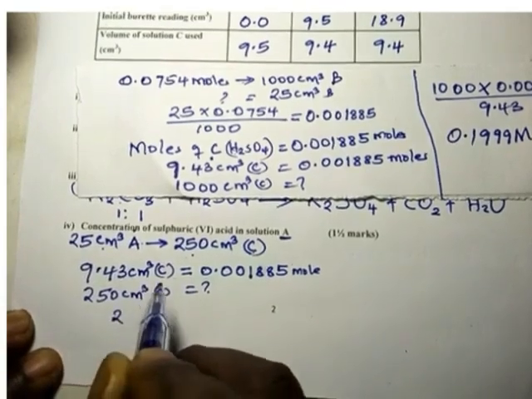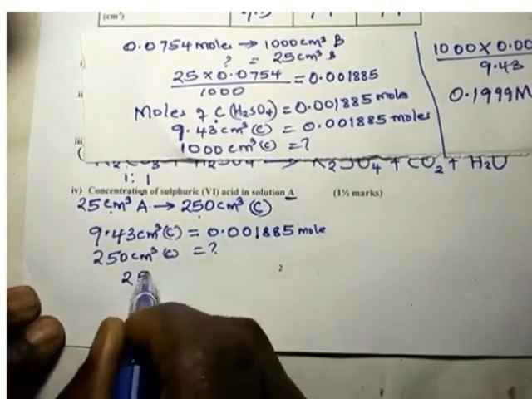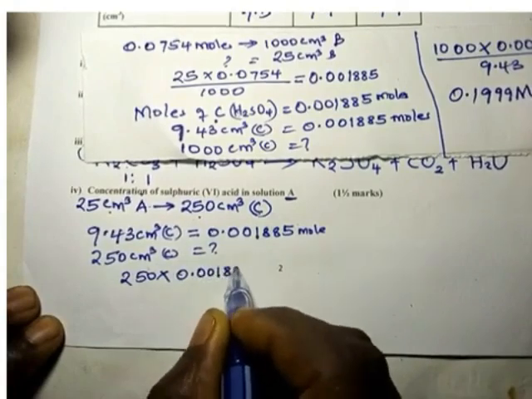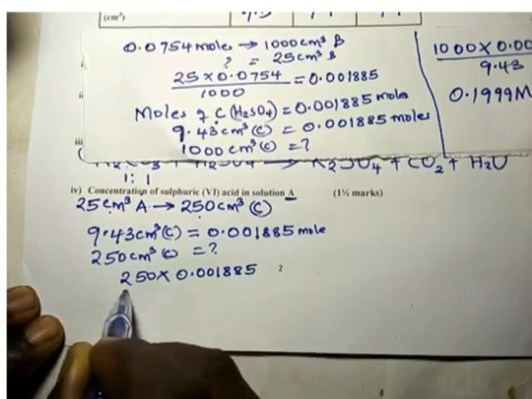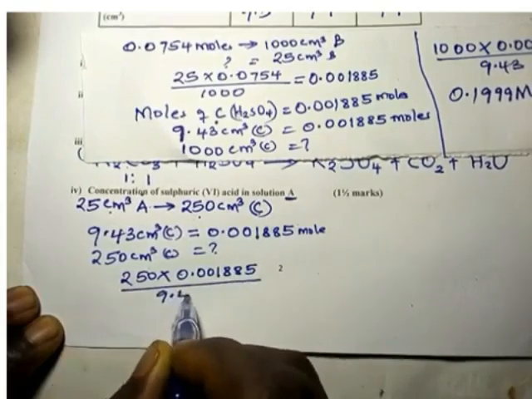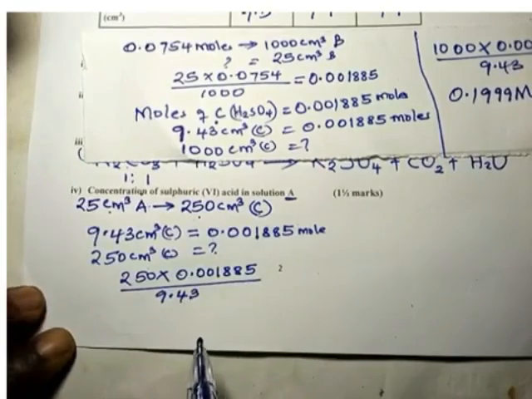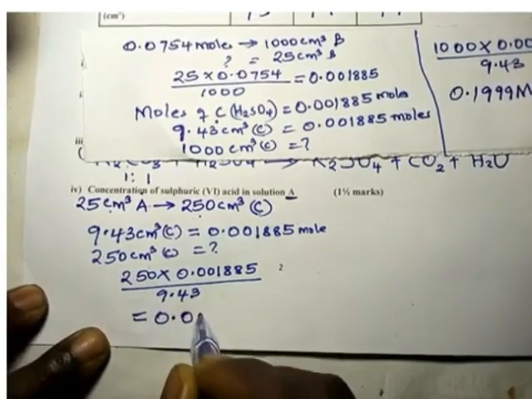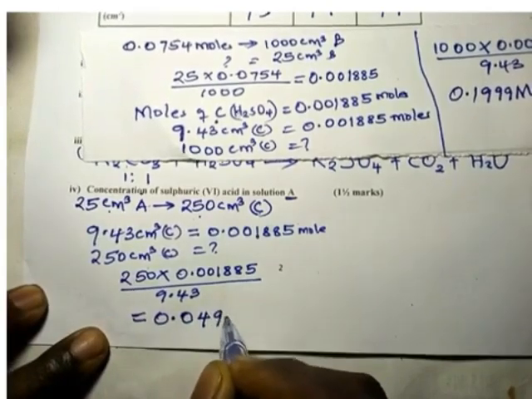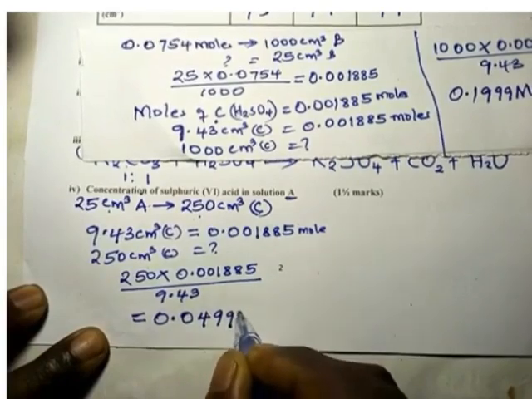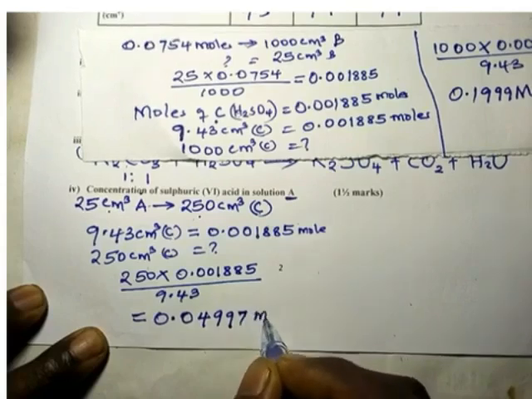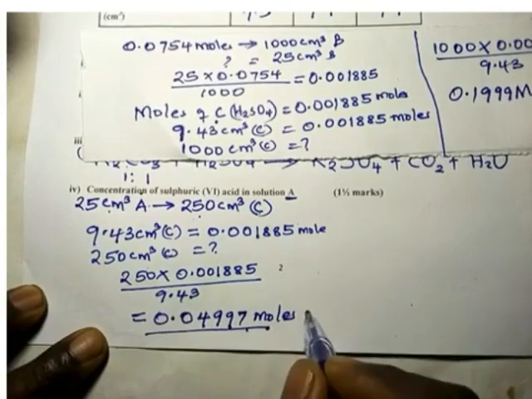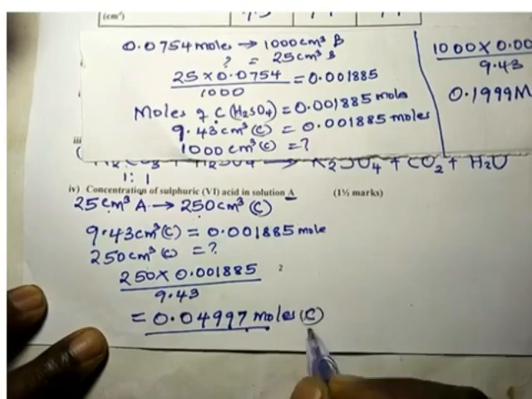That is 250 times 0.001885, divided by 9.43, and this will give us 0.04997 moles. So this is the number of moles in 250 centimeters cube of solution C.